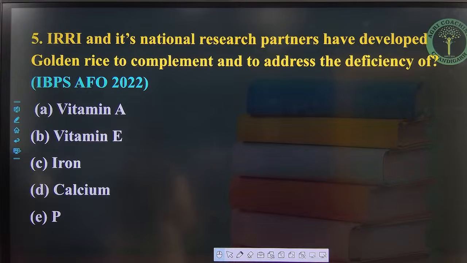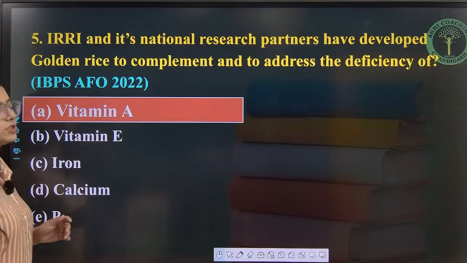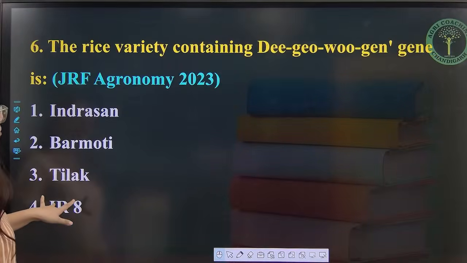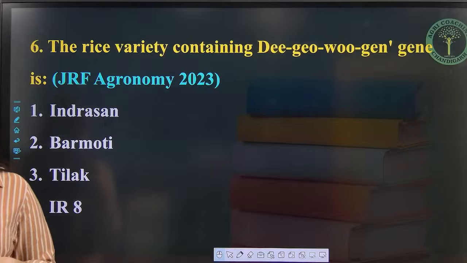Okay, so basically, I will be sharing the PDF in the comment section. I will be sharing it in the comment section. Option number A, vitamin A. Absolutely correct. Give answer for this.